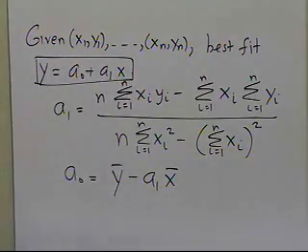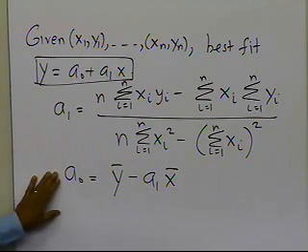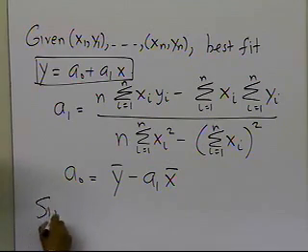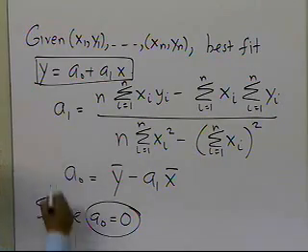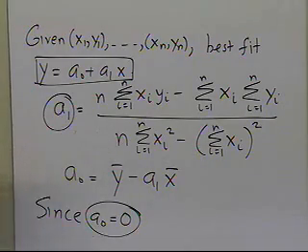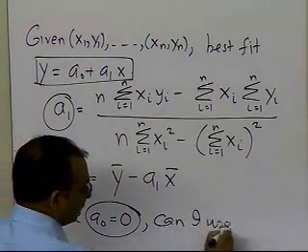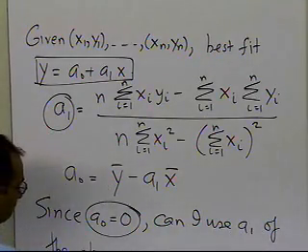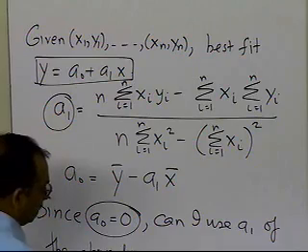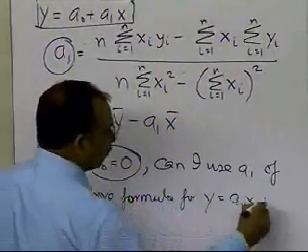I'm just recapitulating what we had done. This is what we got for a1, and this is what we got for a naught. Now somebody might suggest that, since a naught is equal to 0, can I just simply use whatever a1 I get here, the a1 of the above formula, for the y is equal to a1x model?